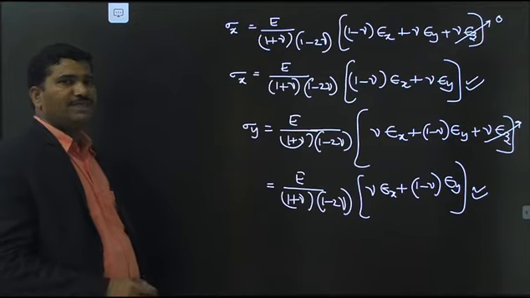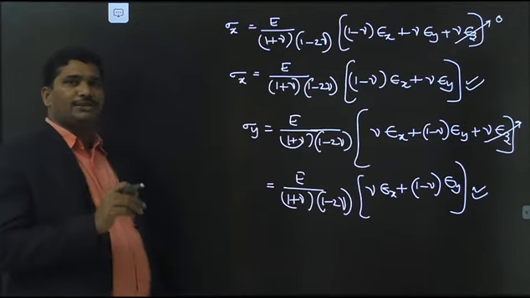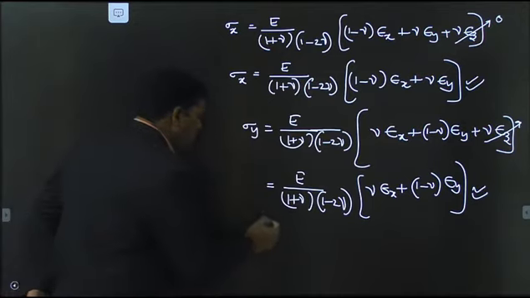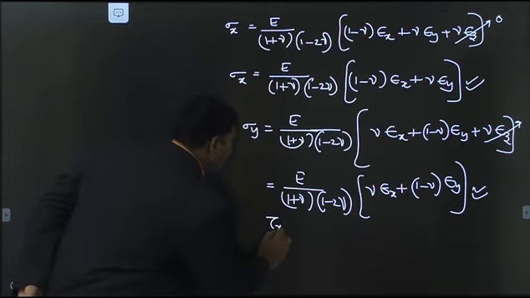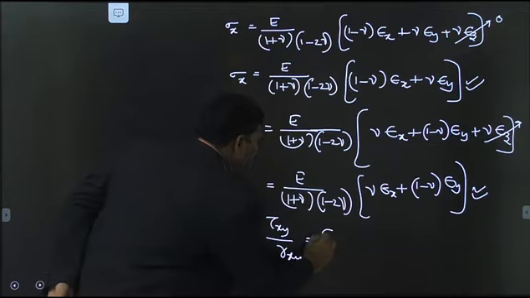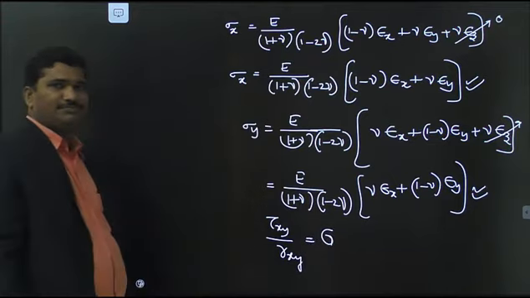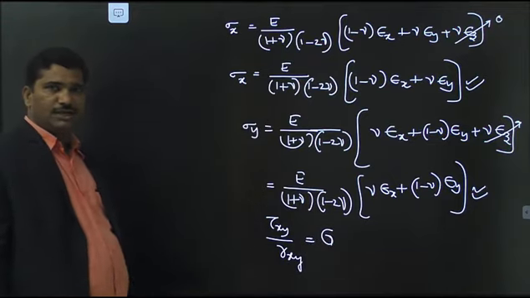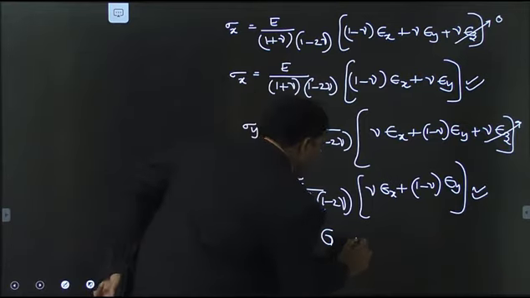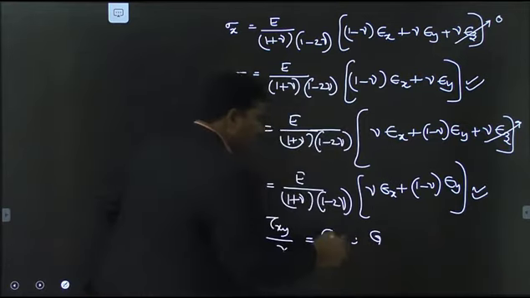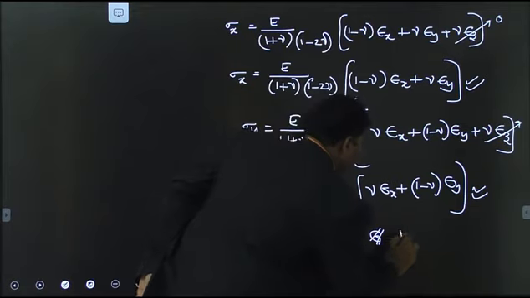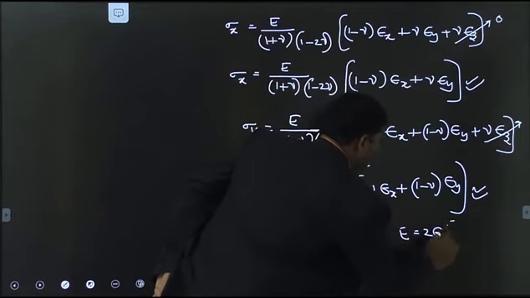We know that within the limit of proportionality, according to Hooke's law, shear stress by shear strain, tau xy by gamma xy, equals the shear modulus G. We also know that E equals 2G into 1 plus nu.